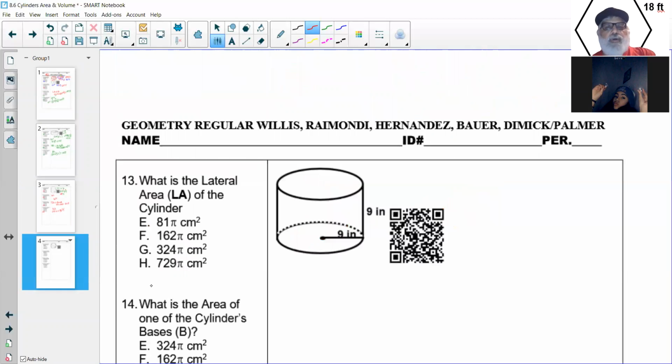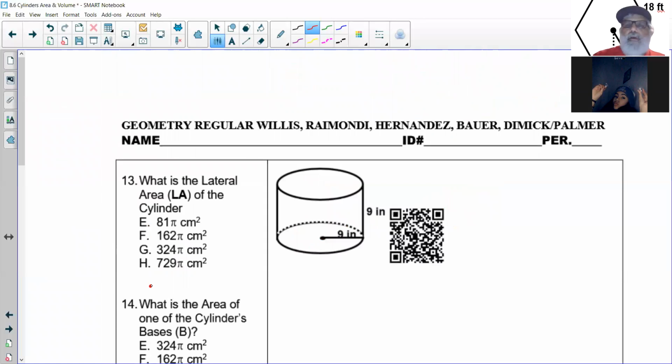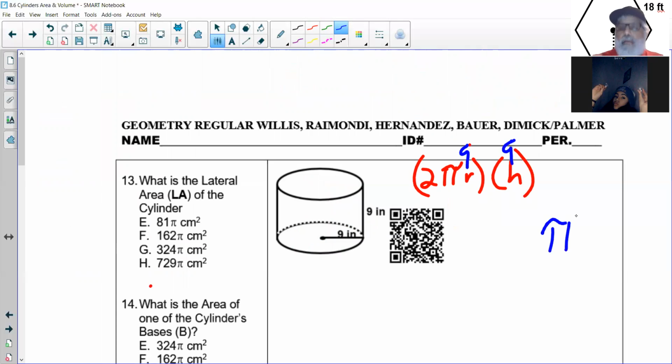And it's the last one, and we do it all the same. So this one is 2 pi r times the height, and in this case, they're both 9.